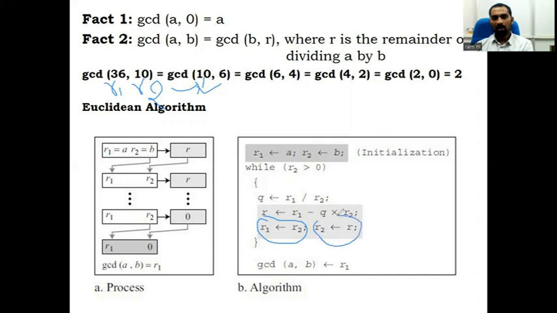Now R2 will be R, where R is nothing but our remainder. How are we going to get it? R equal to 36 minus 3 into 10. When 36 is divided by 10, the coefficient is 3.